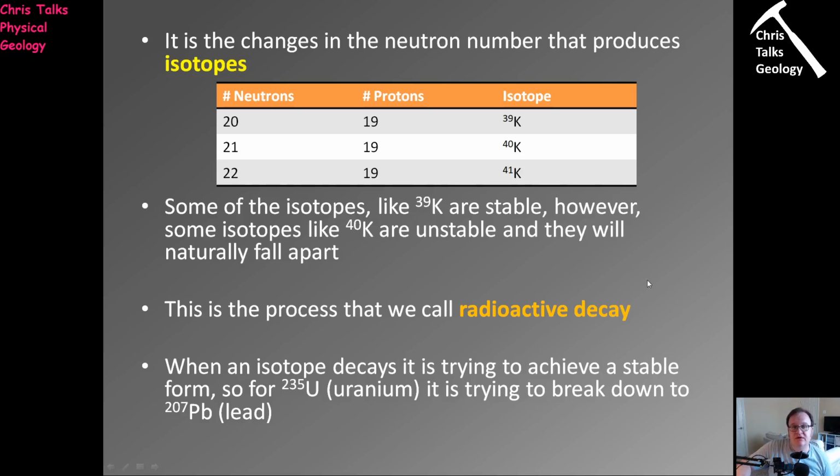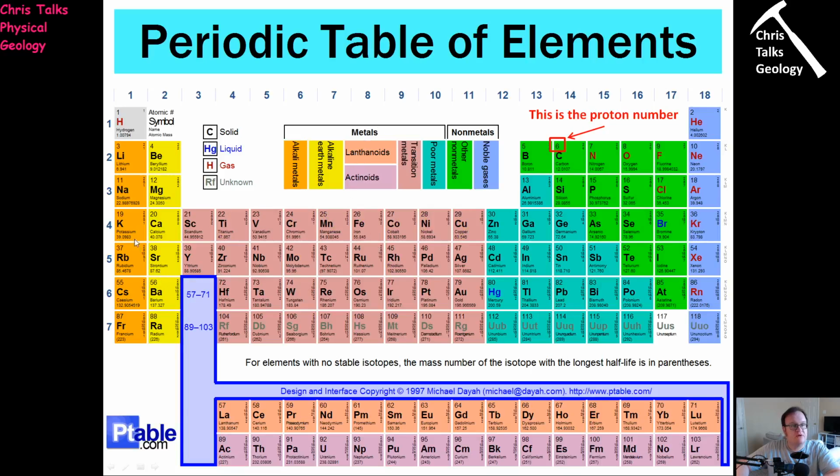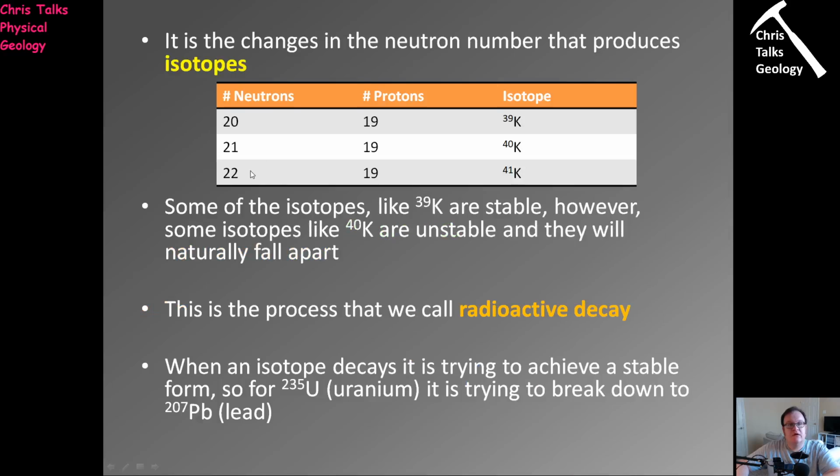So here we go. This is the case for potassium. Potassium has a proton number of 19. However, the number of neutrons in the potassium nucleus is variable.